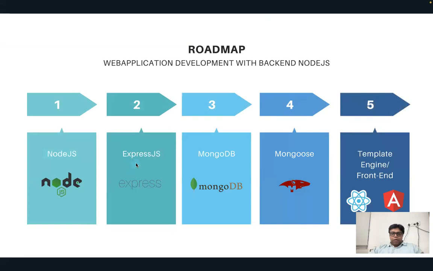And then we are going to discuss how Express.js as a framework will help us to create APIs, how MongoDB will help us to maintain the data, and how Mongoose will help us to create the schemas for MongoDB, because MongoDB is a NoSQL database.